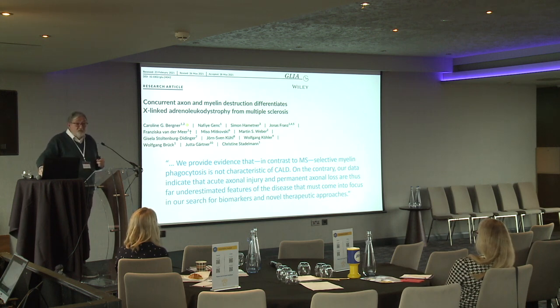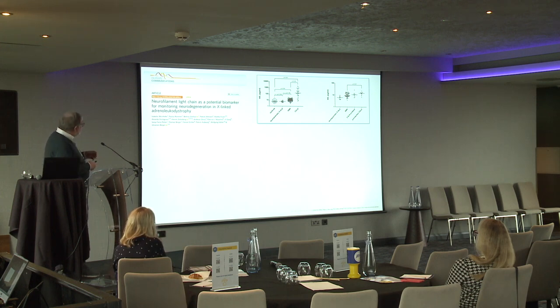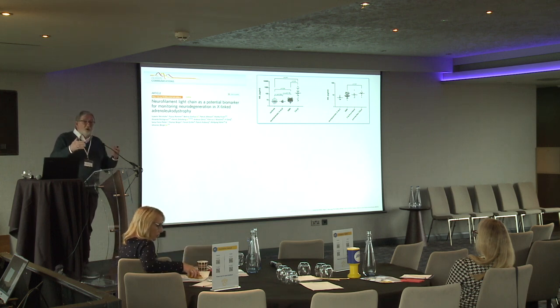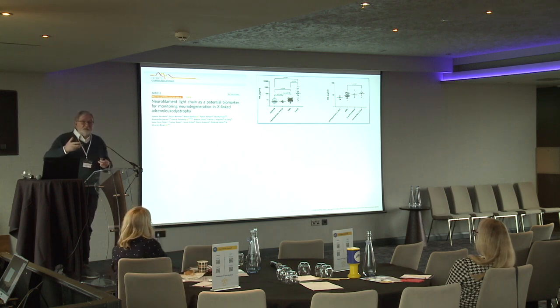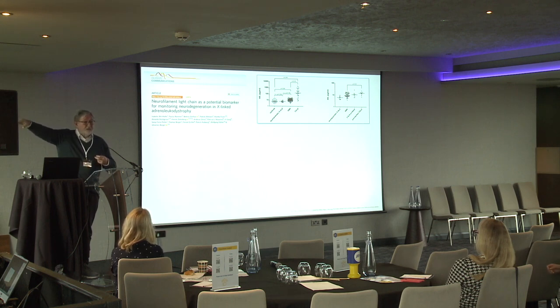This opinion is also supported by some biomarker studies that we did together with the group in Vienna, where you can see certain biomarkers. We already heard about neurofilament light. It's a new biomarker which indicates a destruction of neurons. If it is high, then the neurons are dying and being destroyed.